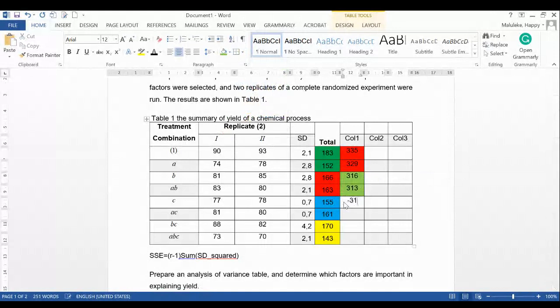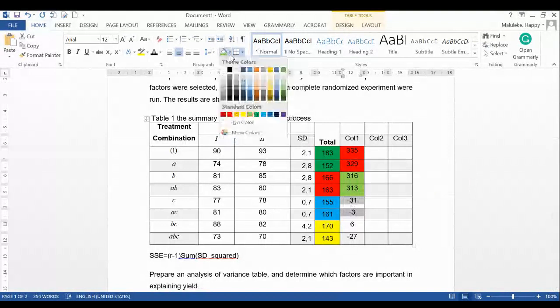Negative 3. Negative 36. Yes. Negative 27. Negative 37 or 27? 27. It's correct, right? The one that I wrote there.